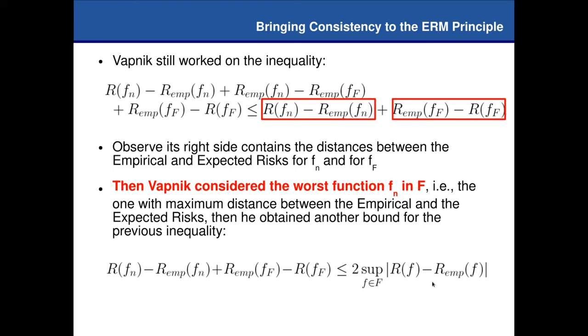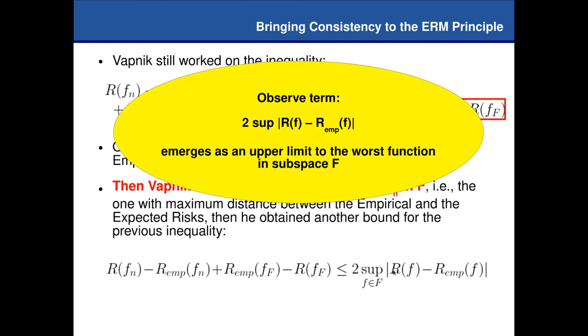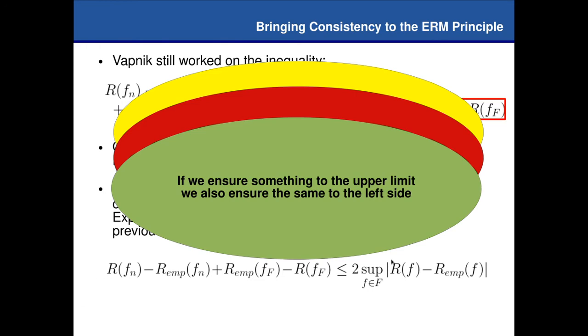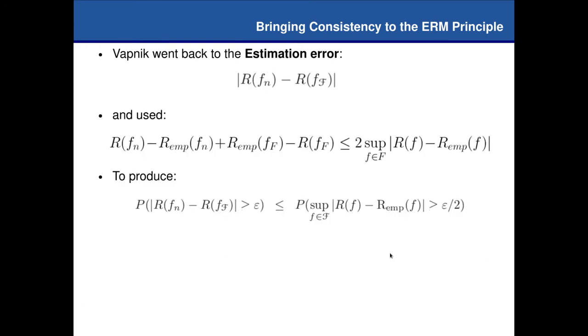This is the origin of the worst case. This is the origin of the supremum I mentioned before, the supremum I mentioned to you guys in the paper and pen based videos, and also before in this same class. This is the origin of the worst case. Quite interesting. So that was a way that Vapnik came up with the worst case representation.